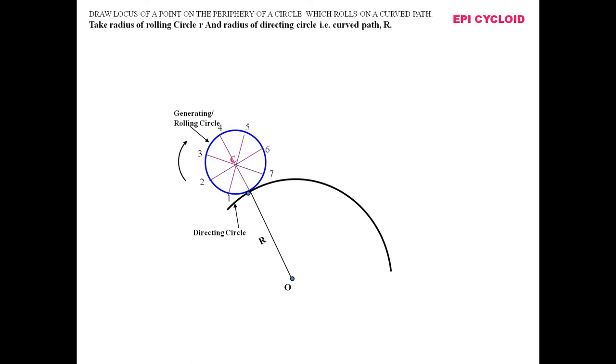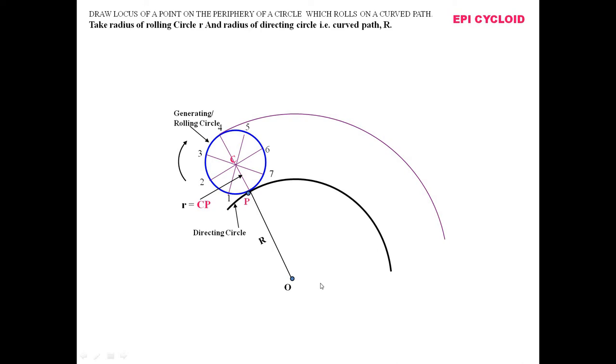Now the next procedure is, with the center O and radius equal to O4, we will draw an arc. So this is the arc which we draw taking O4 as the radius, and now we need to close this arc.